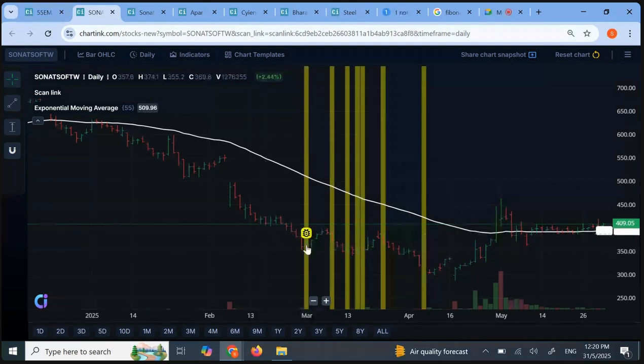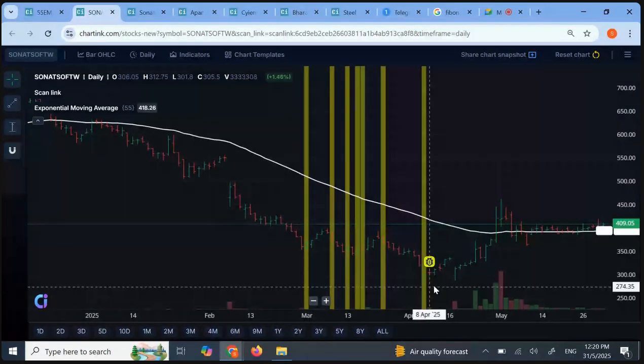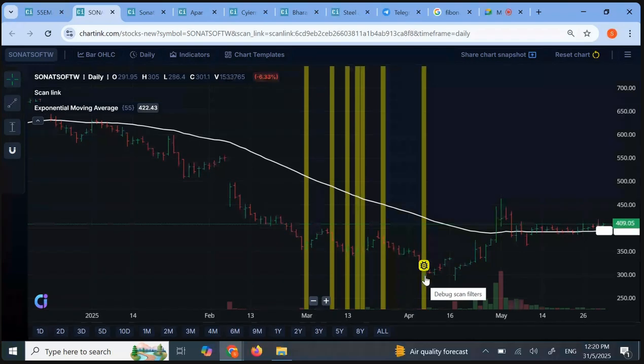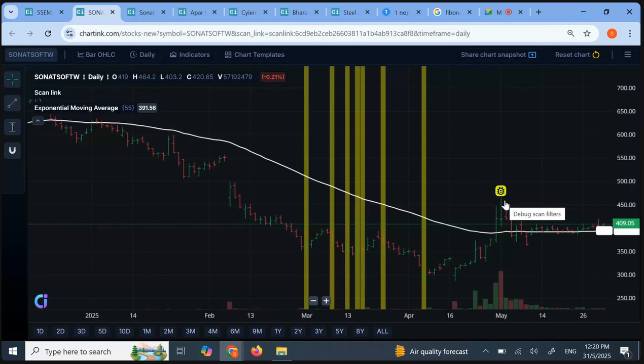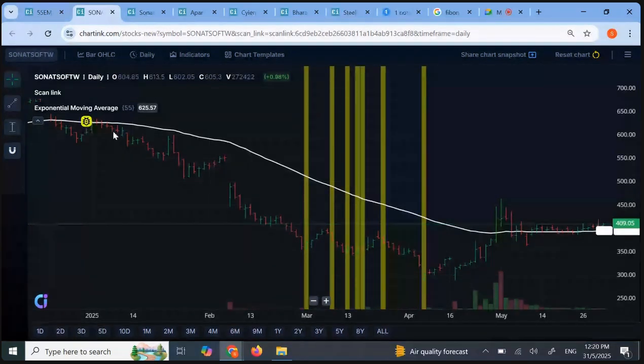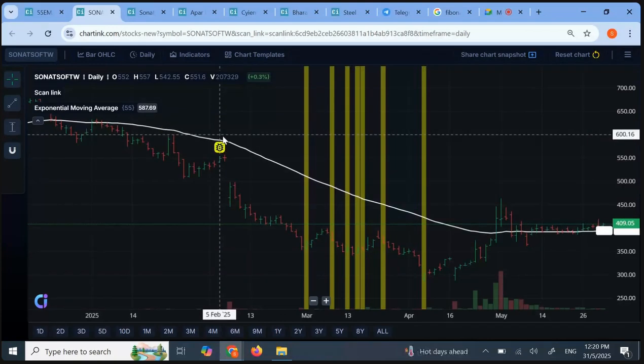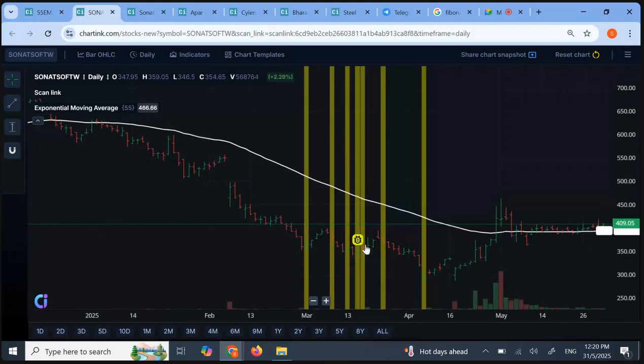It gave a reversal opportunity. Maybe from here it has moved till here. Again it fell. There is again a reversal opportunity. Even there was a reversal opportunity on this date and it moved all the way. So this is what is called a retest. The stock will try to retest the EMA, but we are catching at the small reversal zones.